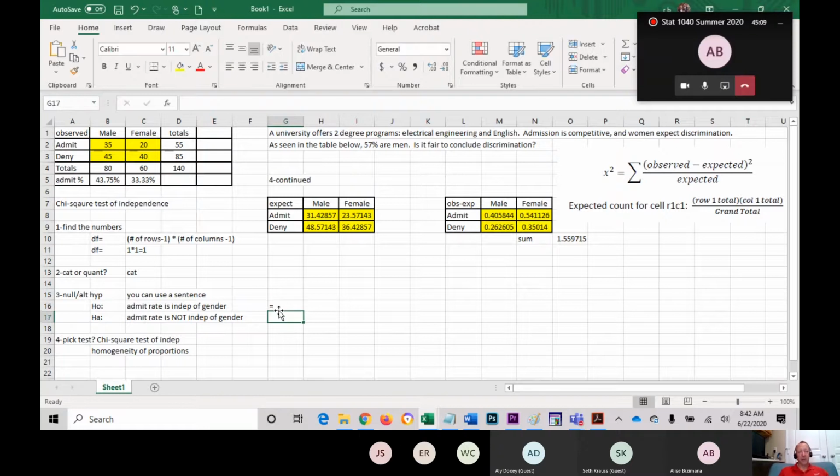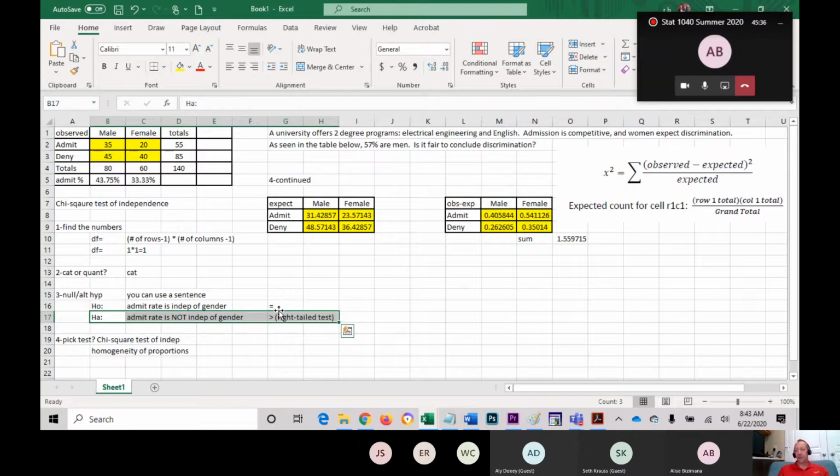And if the admit rate is not independent, this is always going to be a greater than, or right-tailed. With the chi-square independence test, your alternative is always right-tailed.